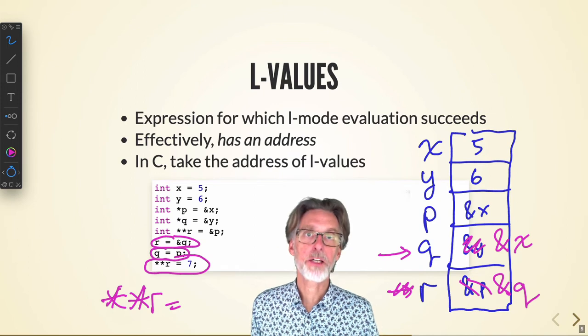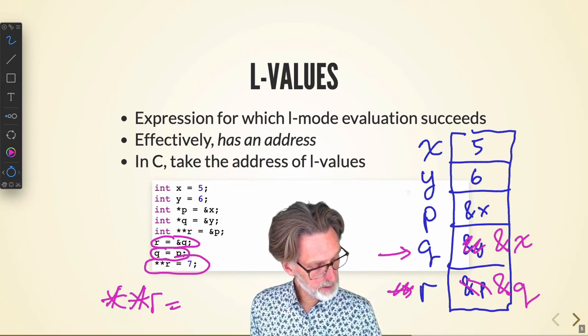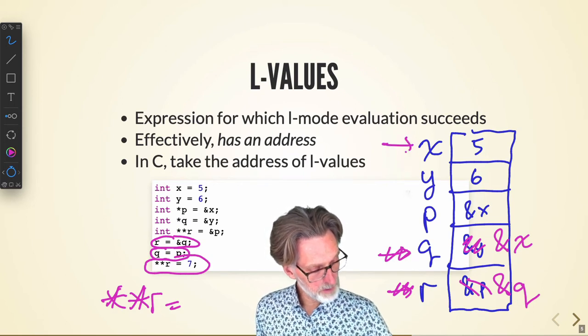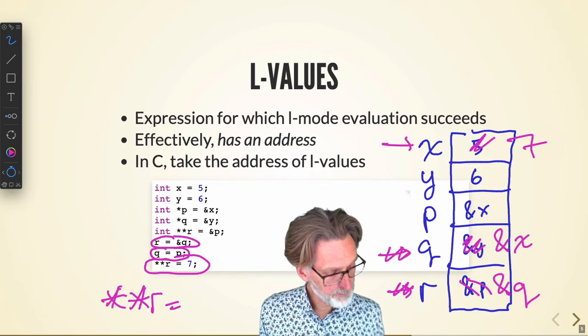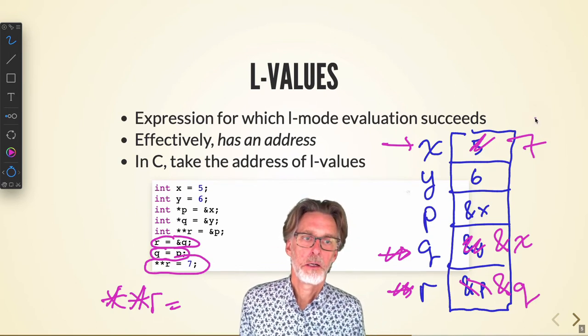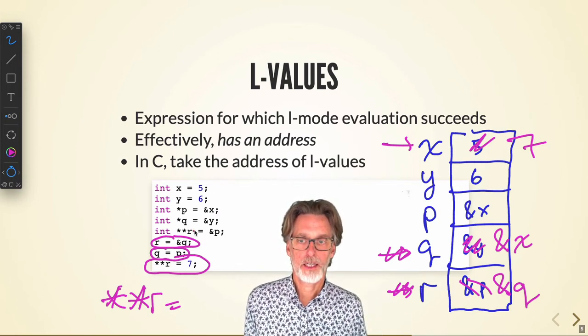Well, it just does that indirection one more time. So now we take whatever is in Q and we go up there. So this is the address of X. And what this is going to do then is update X to be 7.